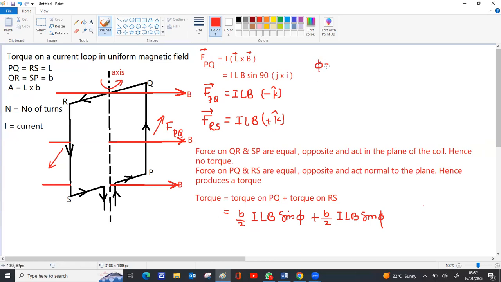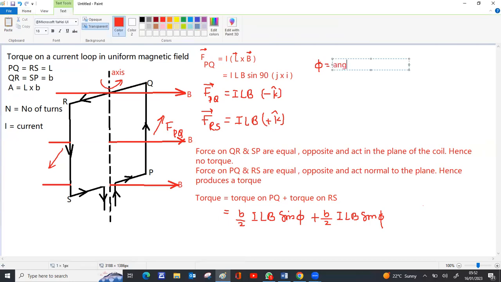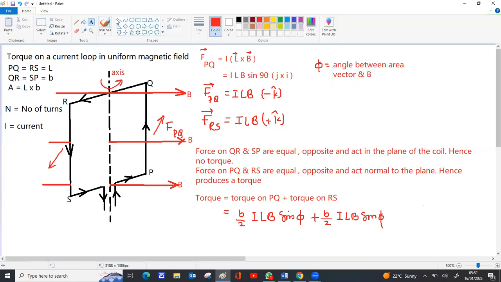Phi is the angle between area vector and magnetic field. So here is the magnetic field. The area vector is always normal to the plane. This is the area vector. This angle is called phi.